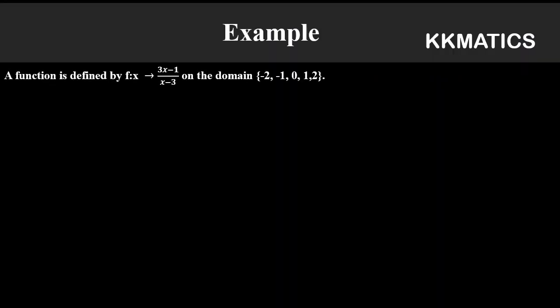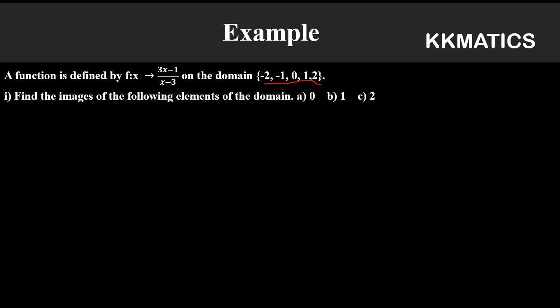Example. Now a function is defined by the function f, mapping from x to 3x minus 1 divided by x minus 3 on the domain of that. So these are the domains that we've been given. Okay, we're going to make use of them.